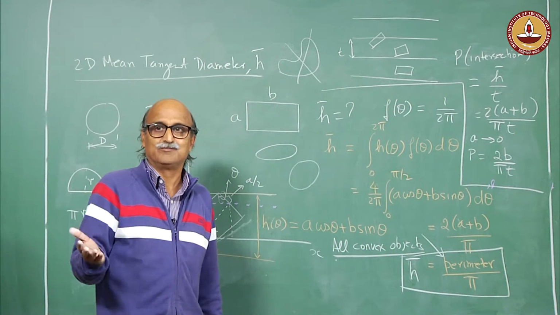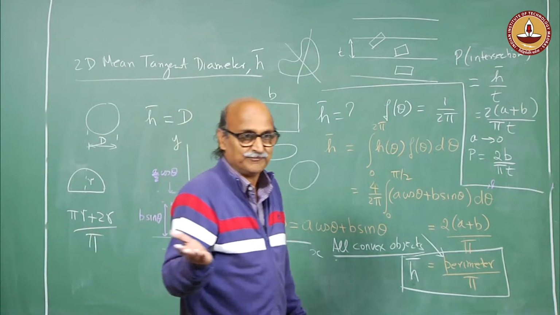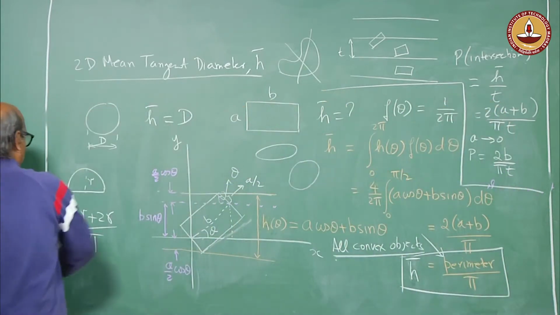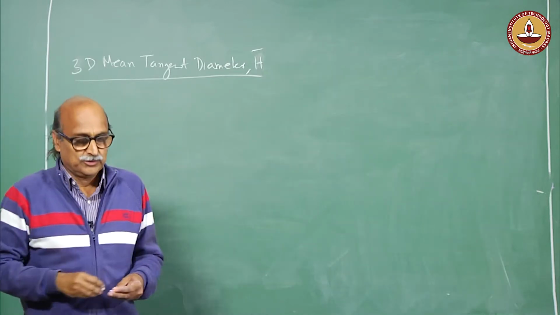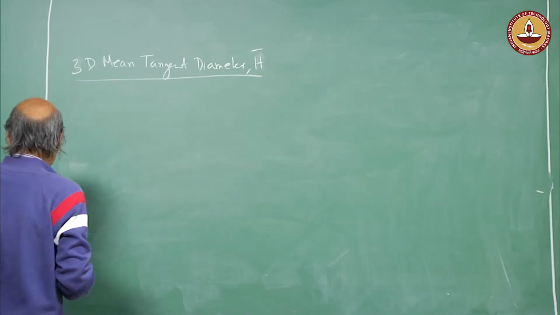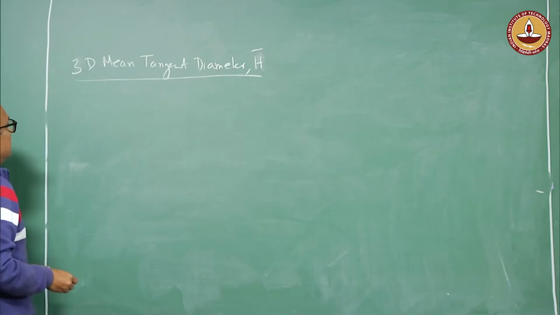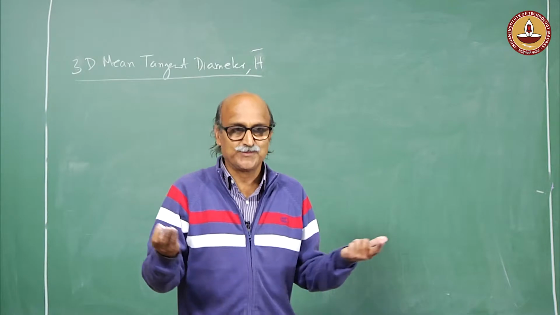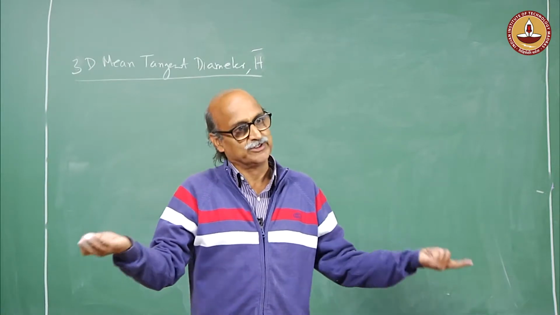Let us take one example in a 3 dimensional situation, and that also we will go through the derivation for. So, for the 3 dimensional mean tangent diameter, again a sphere of diameter d, what would be its mean tangent diameter? It will be the diameter.